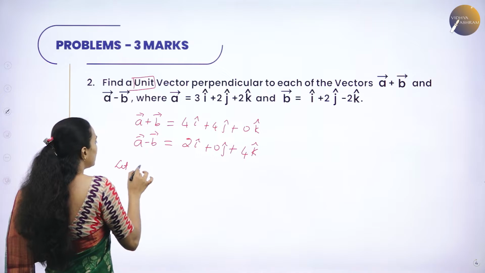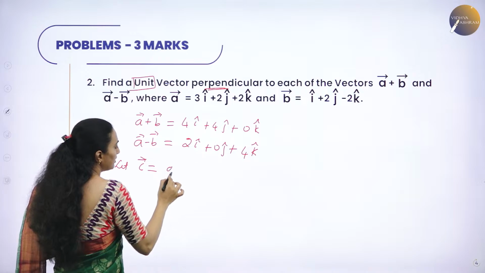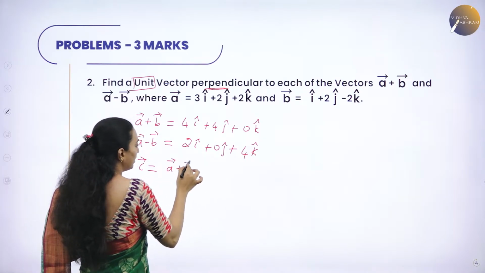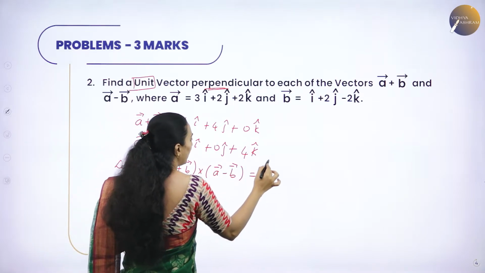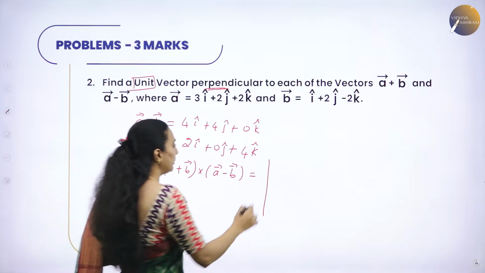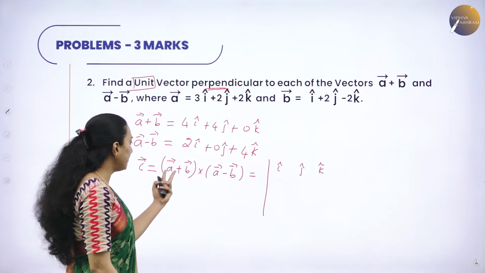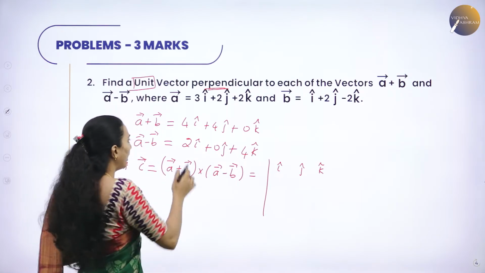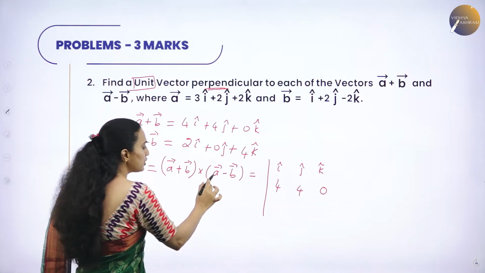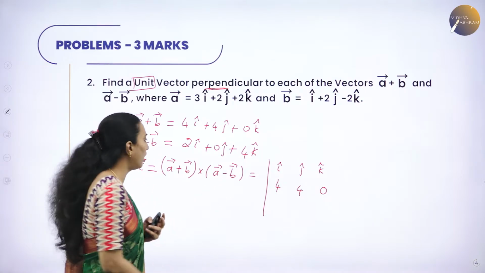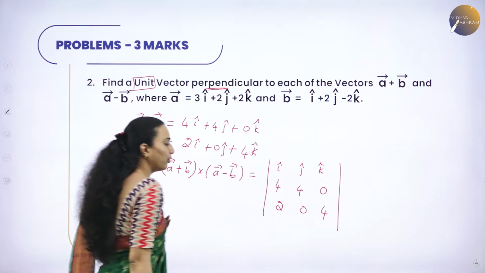So, let C vector, because they have given it as perpendicular, be equal to A vector plus B vector cross A vector minus B vector, which implies, how to find out the cross product: writing the first row as i, j and then k, and the second row as the coefficients of i, j, k of A vector plus B vector, which is 4, 4, 0, and the coefficients of i, j, k of A vector minus B vector, which is 2, 0, 4. Let us expand this one.